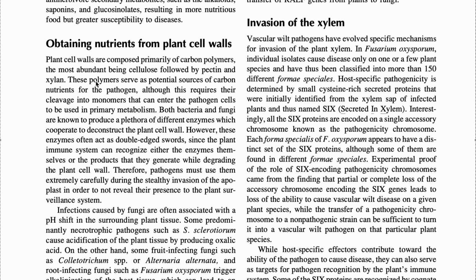Now, obtaining nutrients from plant cell walls. Everybody is clever. So, plant cell walls are composed primarily of carbon polymers, the most abundant being cellulose, followed by pectin and xylem. These polymers serve as a potential source of carbon nutrients for whom? For the pathogen. They obtain nutrients from their host, right? From the cell wall, from the apoplastic layer, from the space between them.